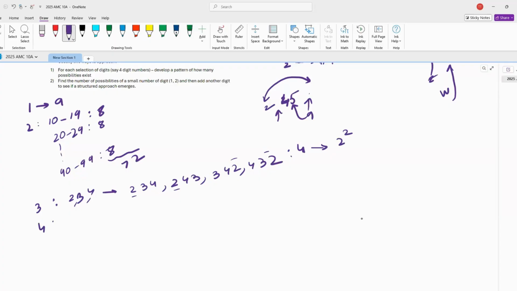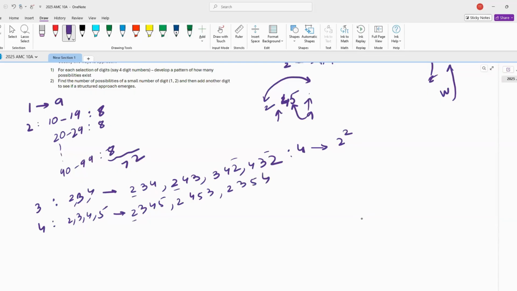Now let's do 4 digits. Let's again use 2, 3, 4, and 5. Let's try to manually write it out. 2 has to be in the beginning or the end, so let's finish writing all the numbers with 2 in the beginning. We got 2453, 2354.